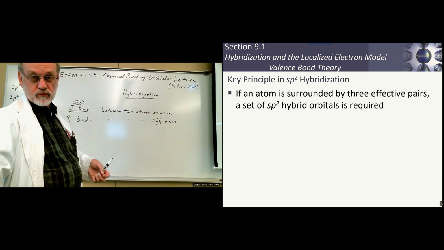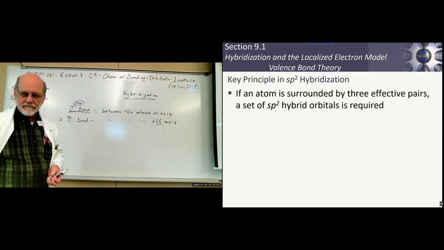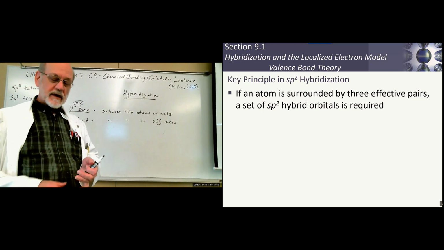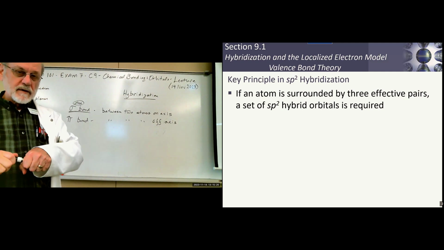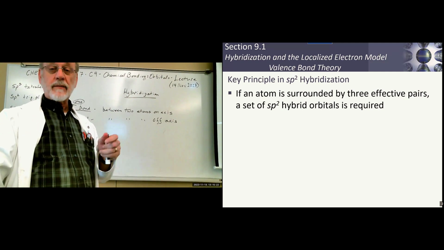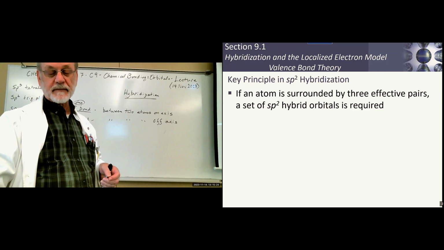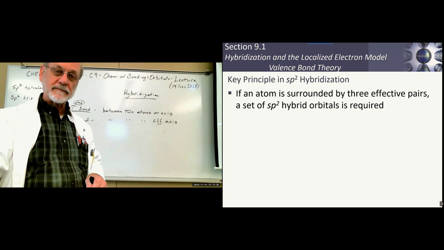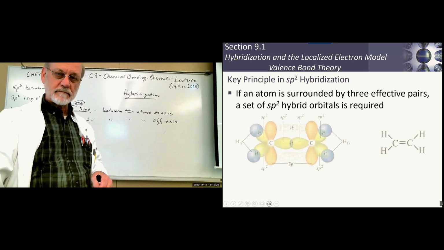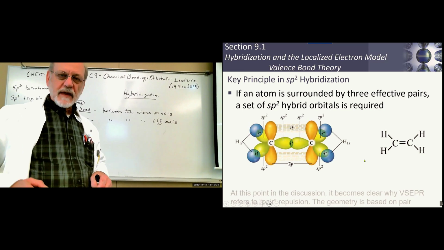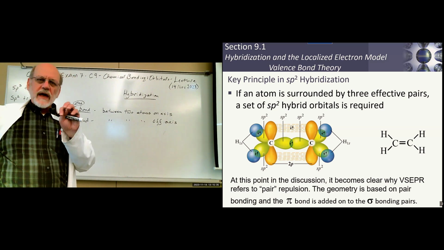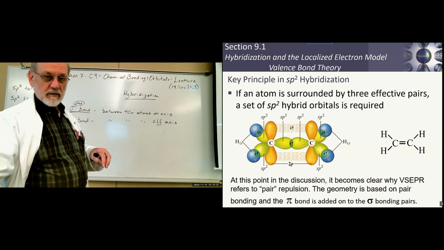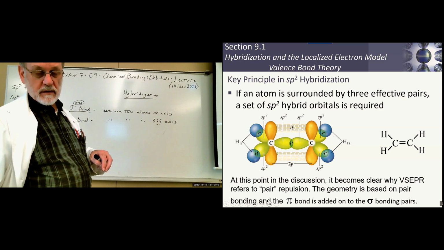This just restates the obvious. If an atom is surrounded by three effective pairs, a set of sp2 hybrid orbitals is required. That's what we showed with ethylene. This also shows the ethylene model, where you get the overlap of those unused p orbitals, top and bottom.